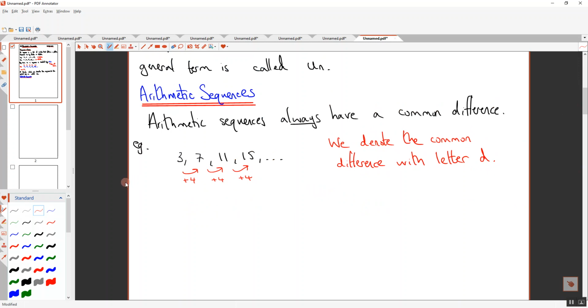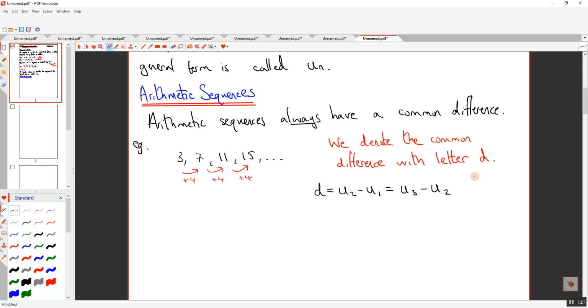So, generally speaking, who can give me a little formula for what D is equal to? U2 minus U1 will give me a value for D. Another example, U3 minus U2.